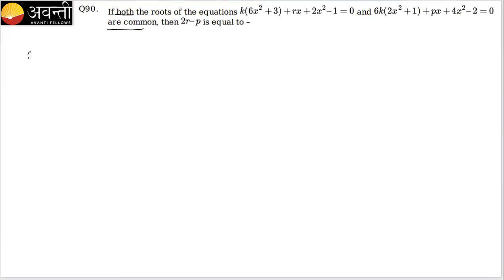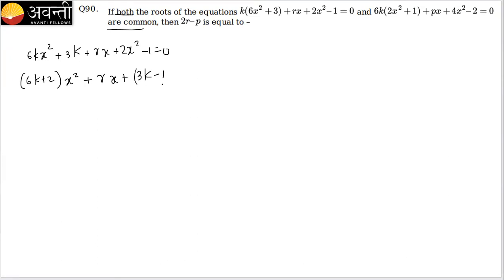First equation will become 6kx square plus 3k plus rx plus 2x square minus 1 equals to 0. Let's get the coefficients of x square together plus coefficient of rx. r का तो एक ही है, x का एक ही है, rx plus 3k minus 1 equals to 0.